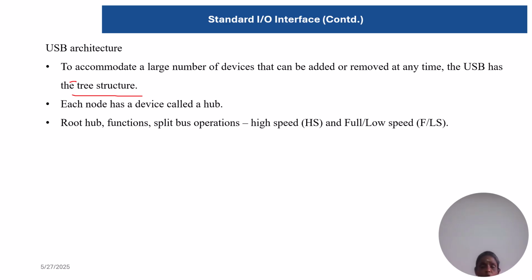Every division point, where one branch divides into multiple branches, has a connection contact called a hub. The main starting initiator is called the root hub, and it uses split bus functions. It has two operations, namely high speed and full or low speed. These two are the features available in split bus operation.